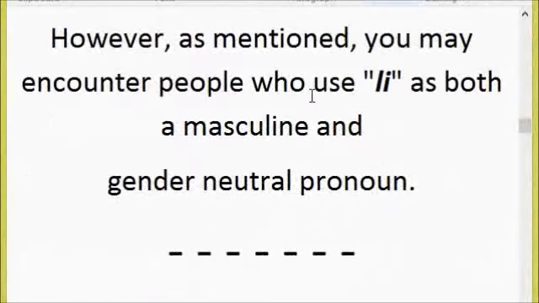However, as mentioned, you may encounter people who use li as both a masculine and a gender-neutral pronoun. We have the same problem in the English language, with he and she both using they as a plural, and you may have noticed that the gender neutral or gender ambiguous singular also tends to be represented by the word they, which is traditionally plural.